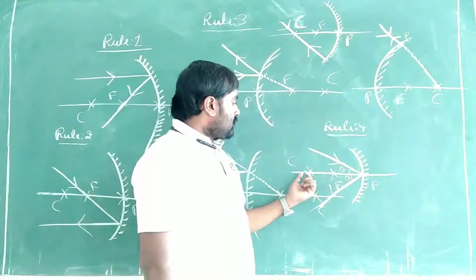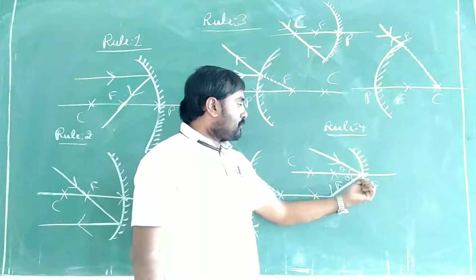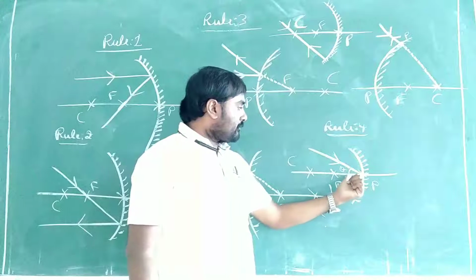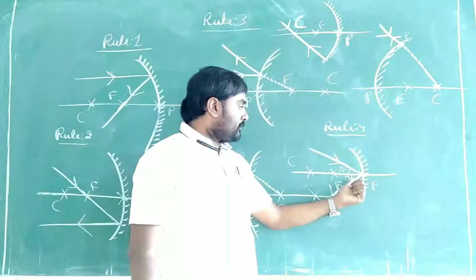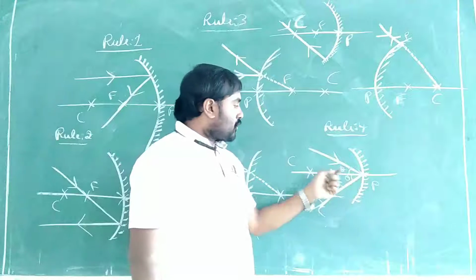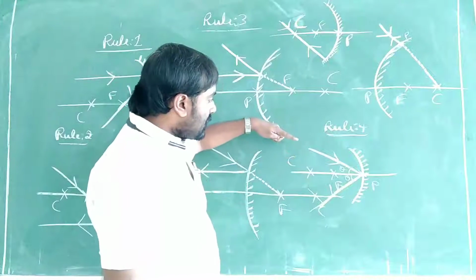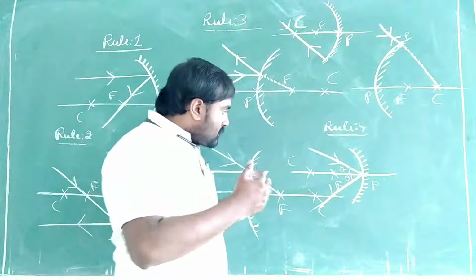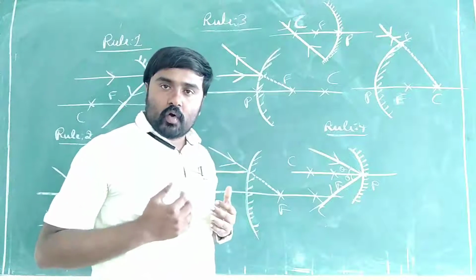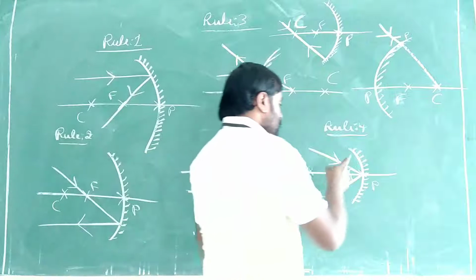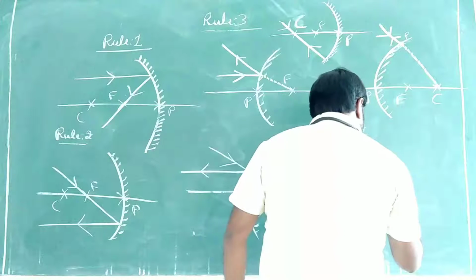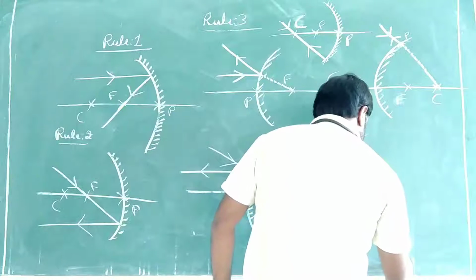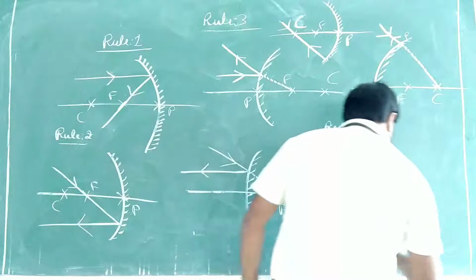So CP is the normal at the point P, right? So this is the incident ray, this one is the angle of incidence, and this one is the angle of reflection. Whenever the ray of light is incident obliquely at the pole, the ray bounces back obliquely. So this is in case of concave, but in case of convex, this is the convex.